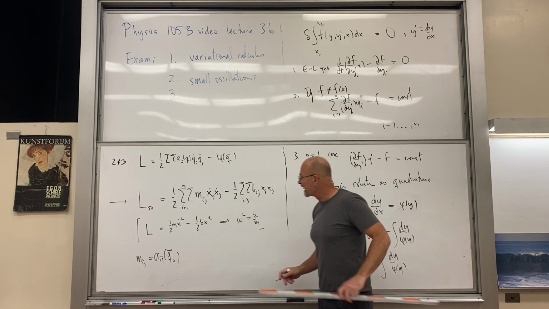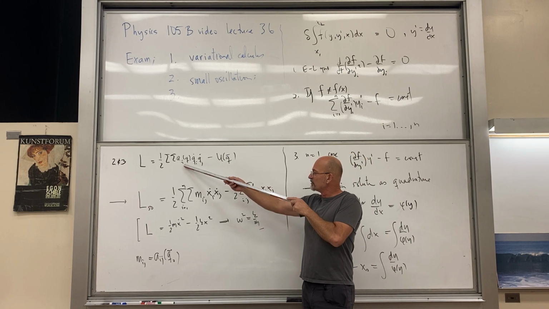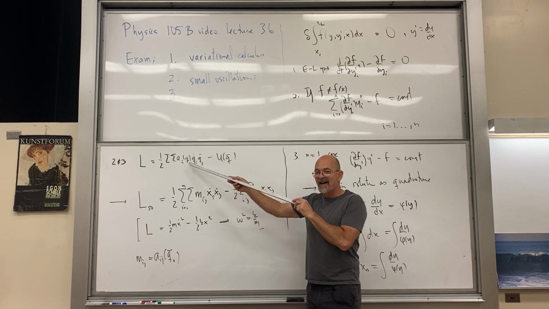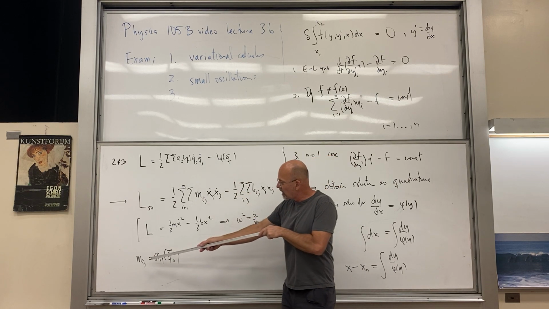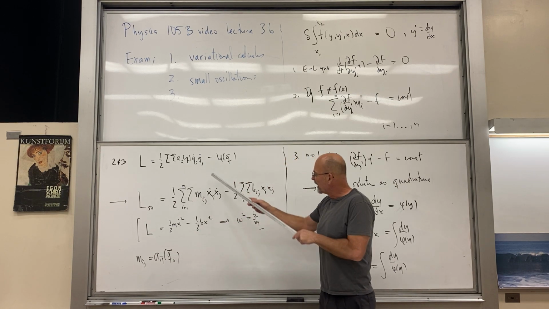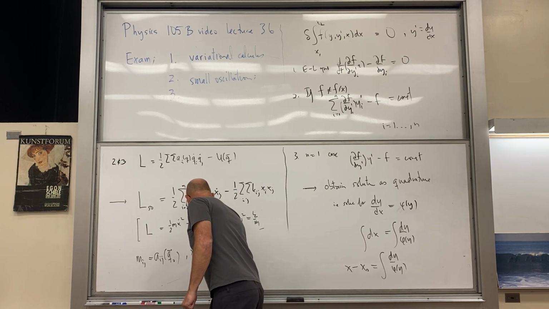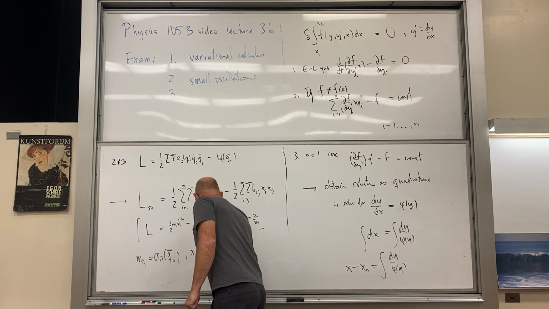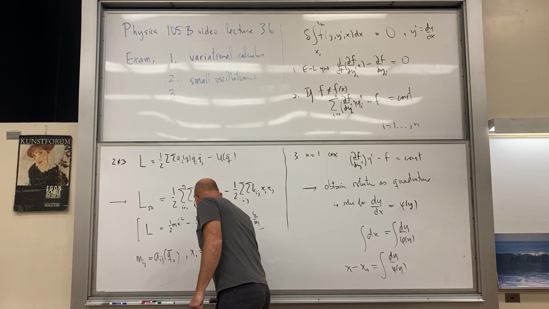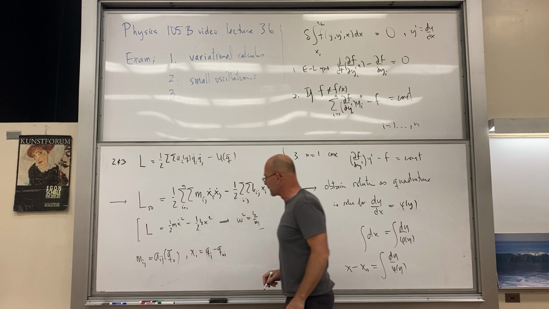Remember, for the kinetic energy you have some functions here, and you just evaluate them at the equilibrium point because you want constants. So that's very easy to do. The xi is just the qi minus q0i. That's just the new quantity.